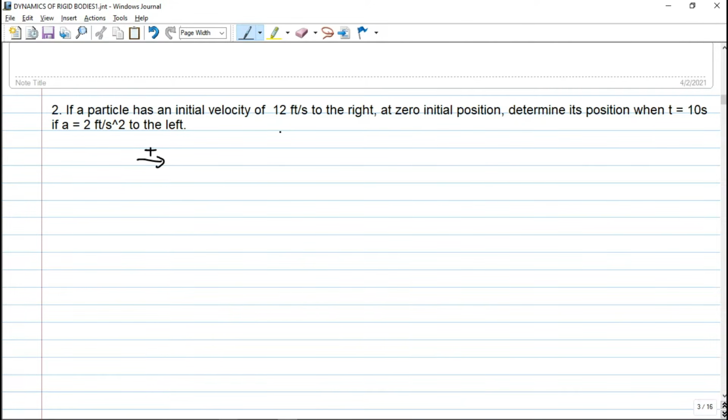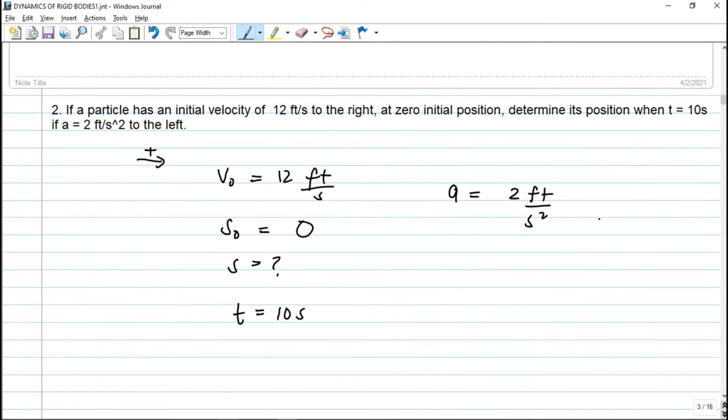Given the initial velocity, v sub o is equal to 12 feet per second. The initial position s sub o is 0. We are looking for the position s when time is equal to 10 seconds. The acceleration is 2 feet per second squared to the left.